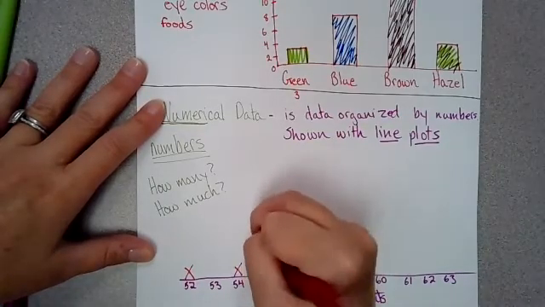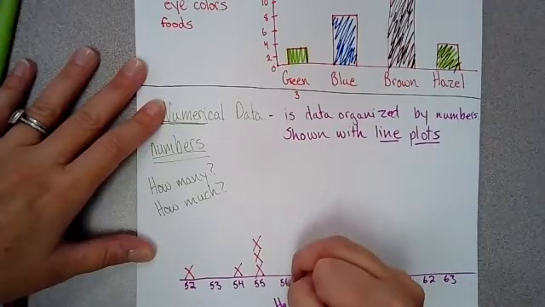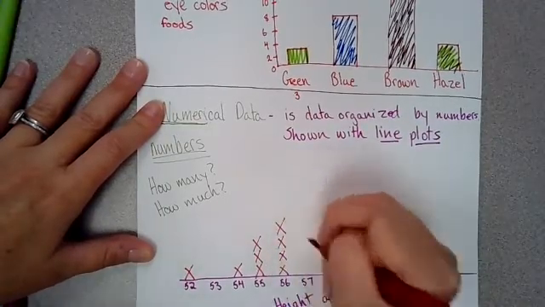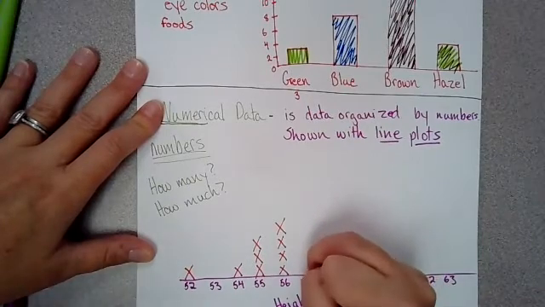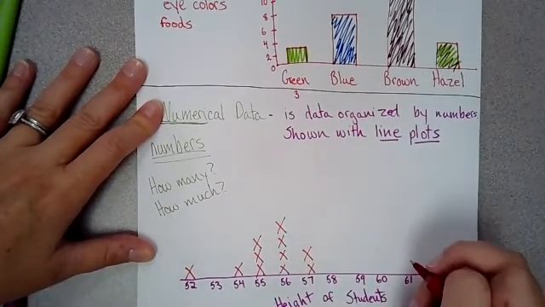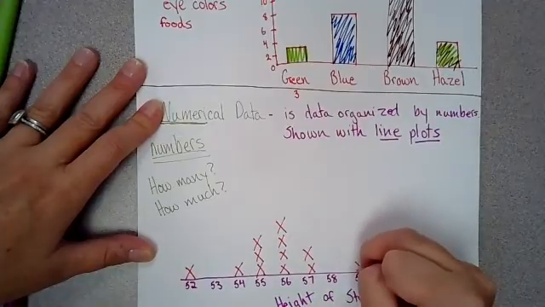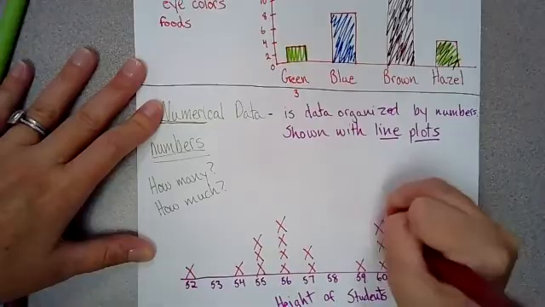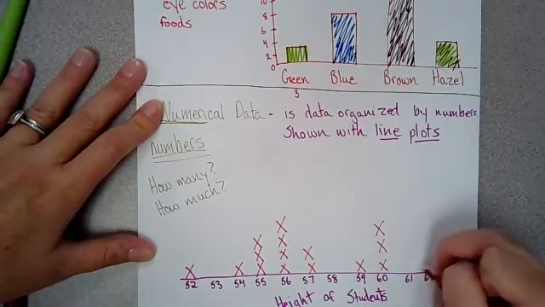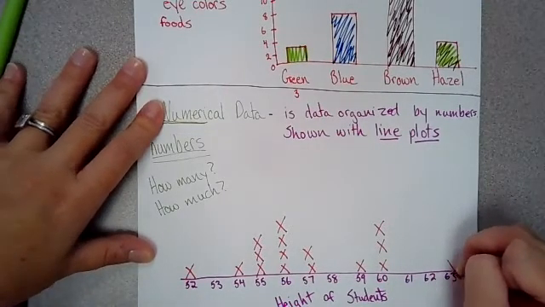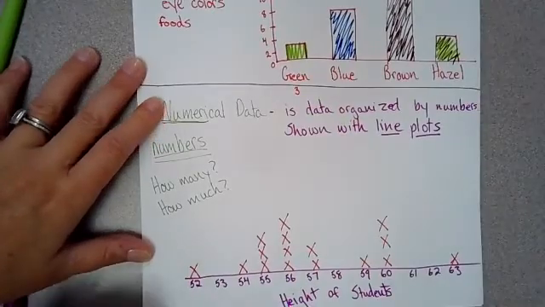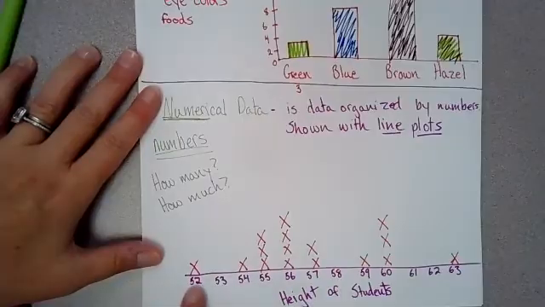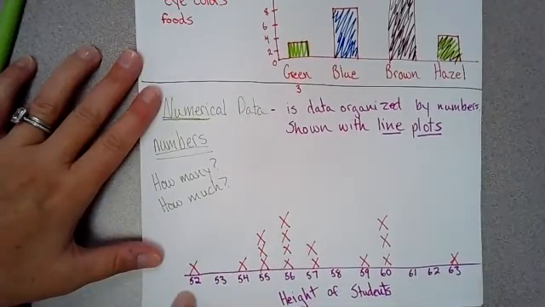Maybe 3 that are 55, 4 that are 56, 2 that are 57, none that are 58, 1 that is 59, 3 that are 60, none that are 61, none that are 62, and 1 that is 63, okay? So each X represents a kid, but notice how the data is gathered by numbers.